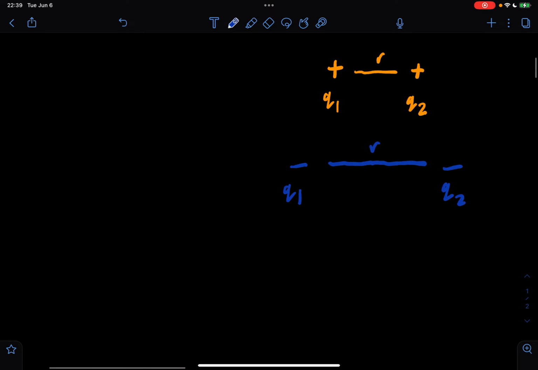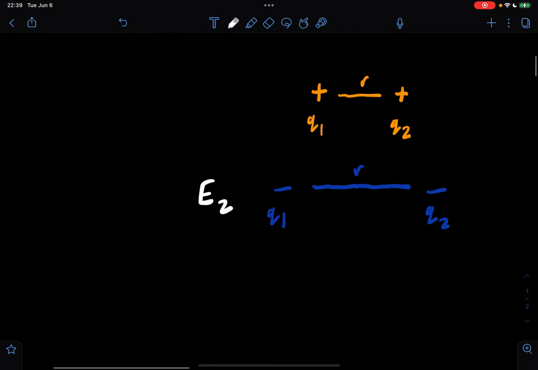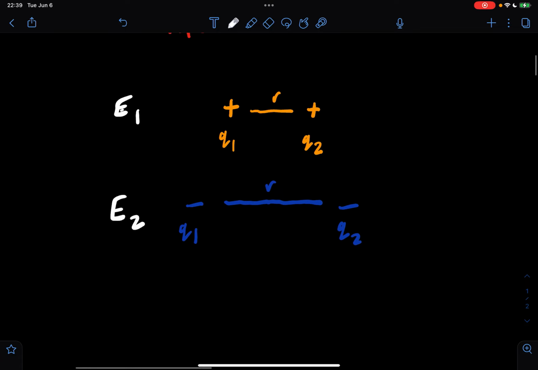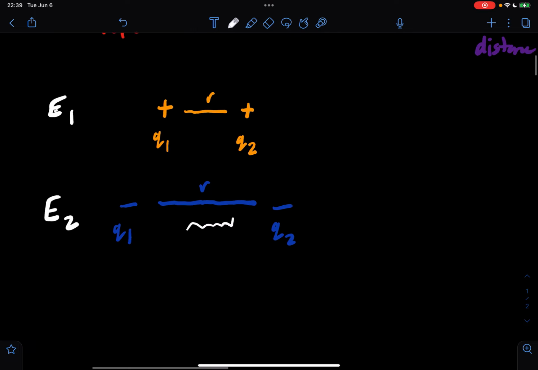We're going to call this one E2, and we're going to call this condition E1. So note here how the distance is much larger in E2.